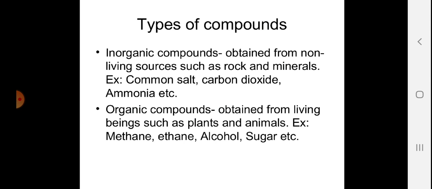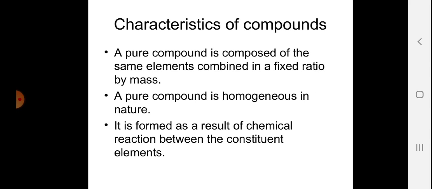Whereas organic compounds are obtained from living beings such as plants and animals. Examples are methane gas, ethane gas, alcohol, sugar. So the compounds we have further divided into inorganic compounds and organic compounds.